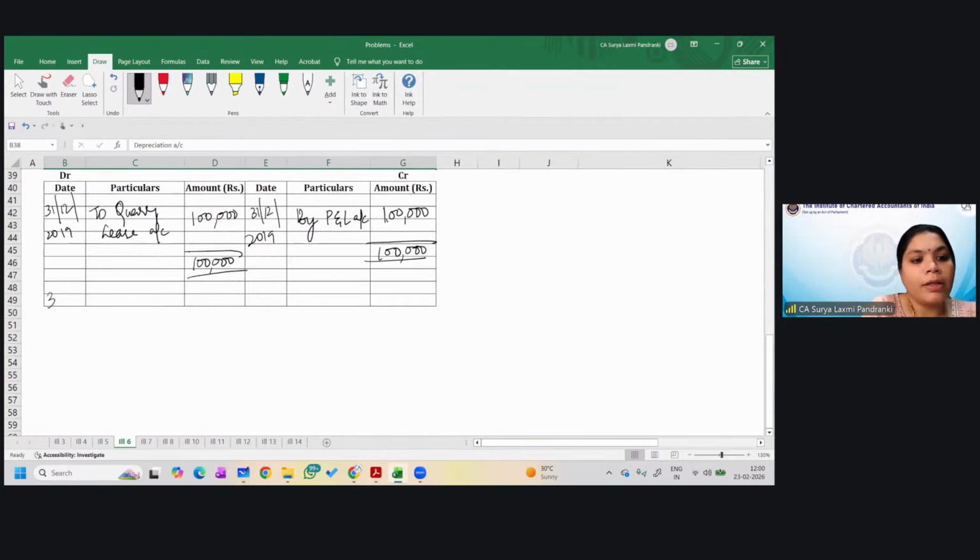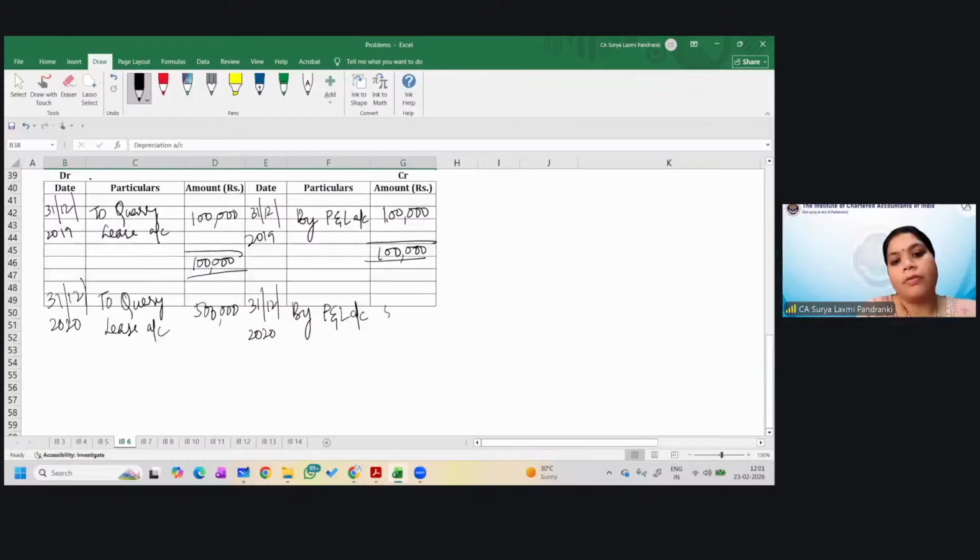Okay. 31st December 2020, to quarry lease account, 5 lakhs, and 31st December 2020, by P&L account, 5 lakhs.